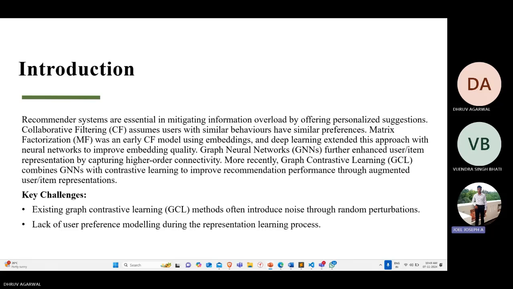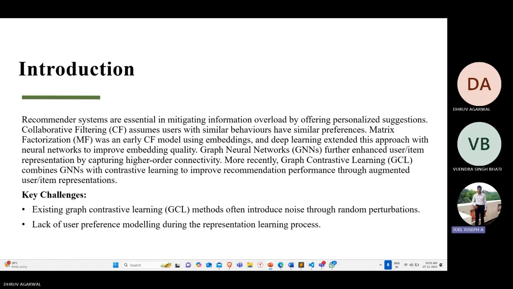Matrix factorization was an earlier collaborative filtering model using embeddings, and deep learning extended this approach with neural networks to improve embedding quality. Graph neural networks further enhanced user-item representation by capturing higher-order connectivity. More recently, graph contrastive learning combines GNNs with contrastive learning to improve recommendation performance through augmented user-item representations.